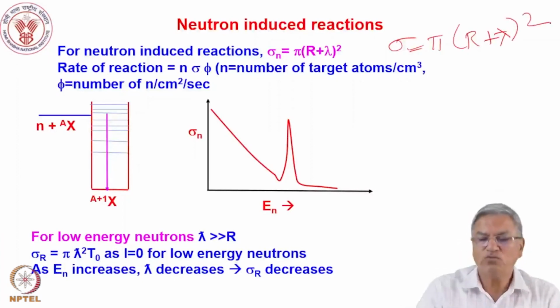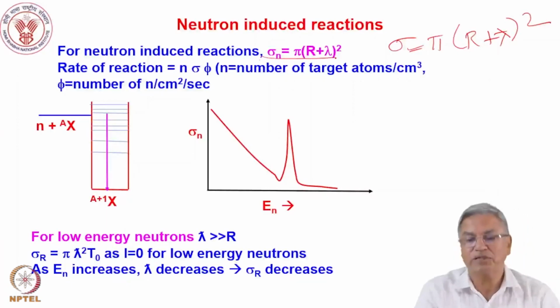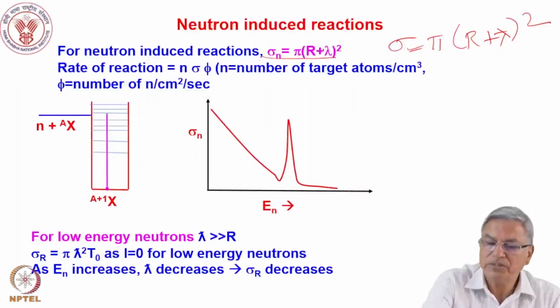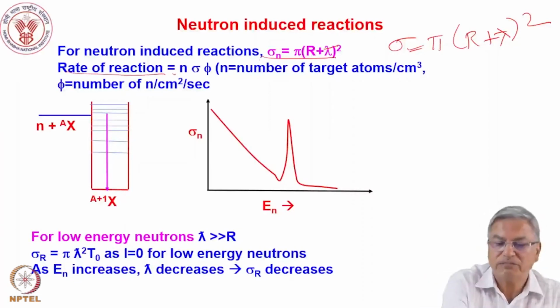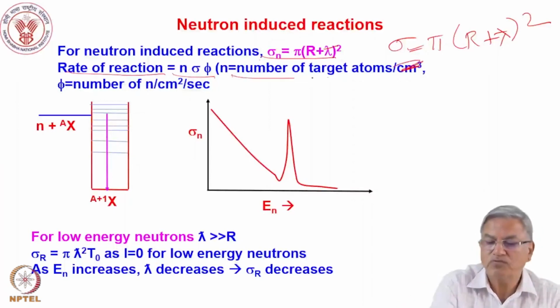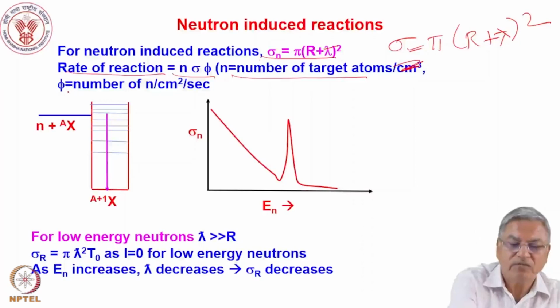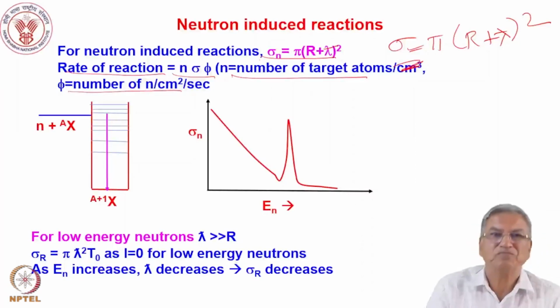So for the case of neutrons, σ_n can be written as π (R plus λ-bar) square. Here the rate of the reaction will be n σ φ, where n is the number of target atoms for neutrons, and φ is the flux in terms of neutrons per centimeter square.